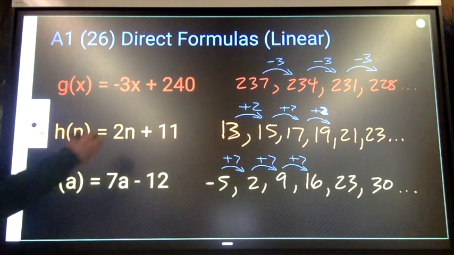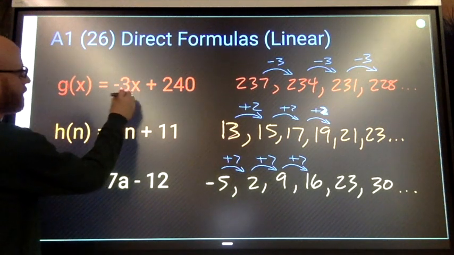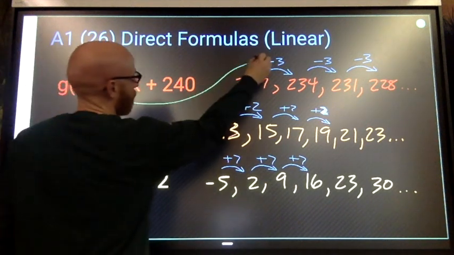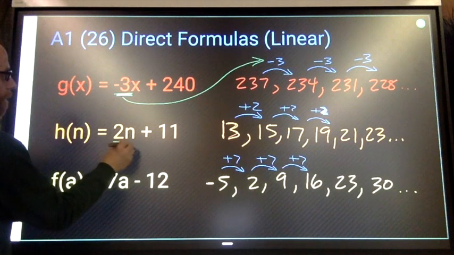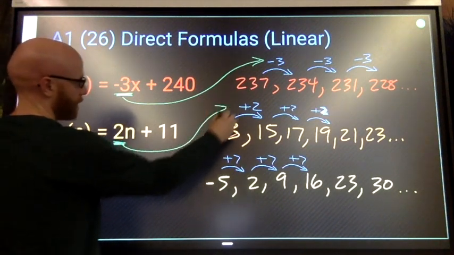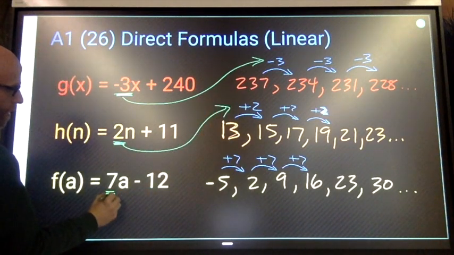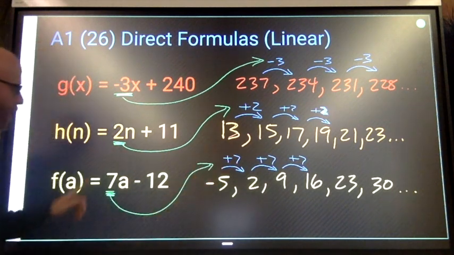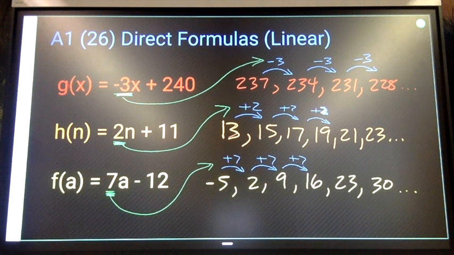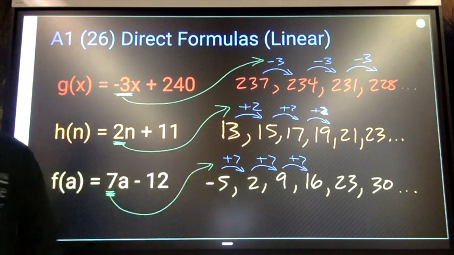Now, if this is what you came up with, then you found the connection. The number that multiplies the variable is the number we end up counting by.